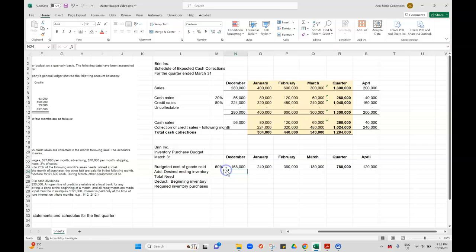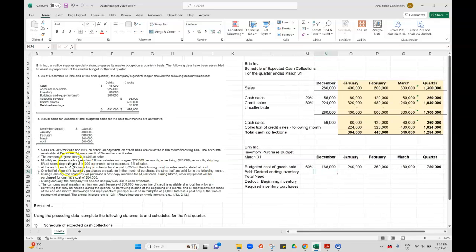Okay, so now we're going to add in the ending inventory. This one is a little bit more complicated. They have to tell me what I want the ending inventory to be. So not in E, but in F it tells us that at the end of the month, inventory to be on hand equals 25% of the following month's sales stated at cost.